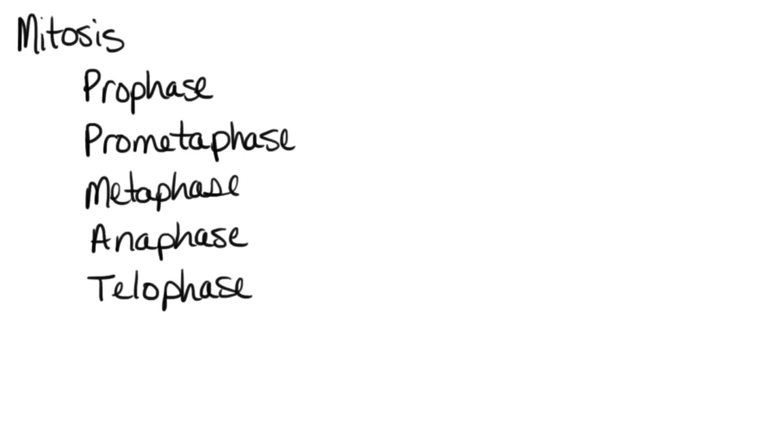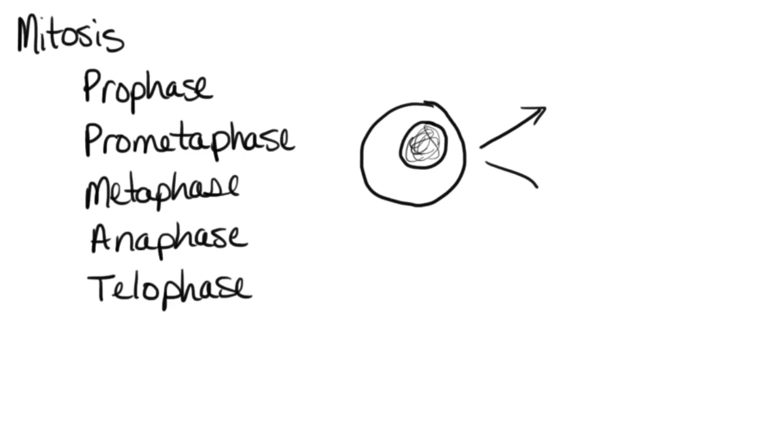So overall, what mitosis is going to do is we're going to start off with a single cell that has a nucleus inside of it, and there will be certainly DNA inside of that nucleus. And then through the process of mitosis, we're going to take that single cell, which we refer to as a parent cell, so I'll write that here.